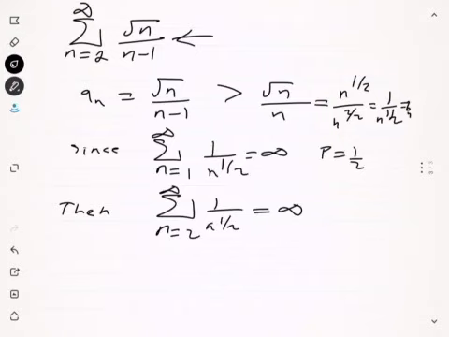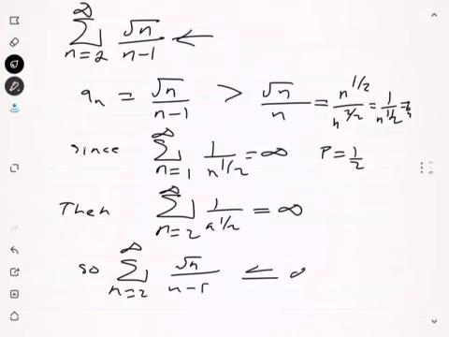So because this diverges, then the original series diverges because it's bigger than this series. So the series as n goes from 2 to infinity of the square root of n divided by n minus 1 diverges as well by the comparison test.